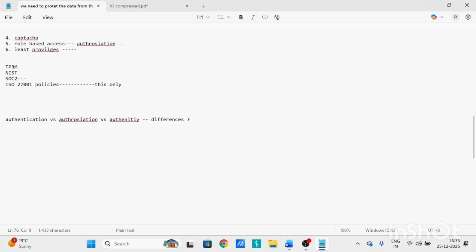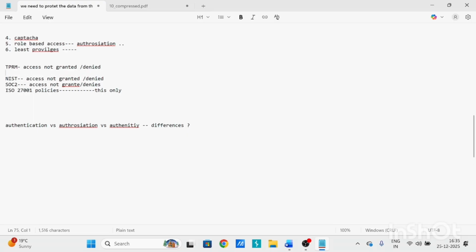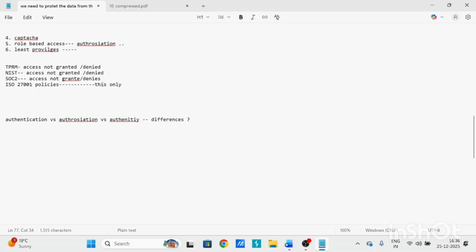For SOC 2, access is not granted, denied, because this role is not for you. For NIST also, access denied. For TPRM also, access not granted, denied. Only ISO 27001 policies are accessible.